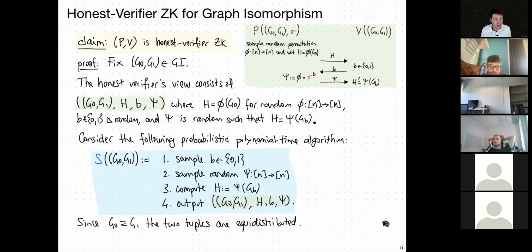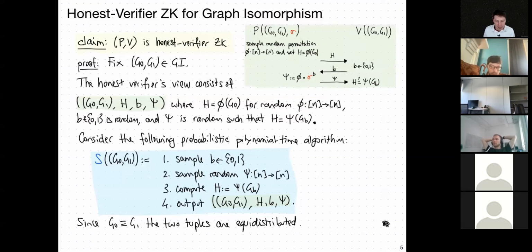It's the same random variable. Is B a random bit like it should be? Yes, we sampled it as a random bit. Is psi random subject to this condition? Yes, we sampled it, and then we made this condition true by computing H that way. So this tuple is distributed the same way as this tuple, and that is why the simulator satisfies the condition.